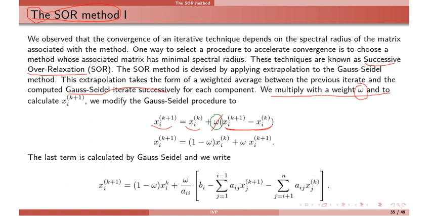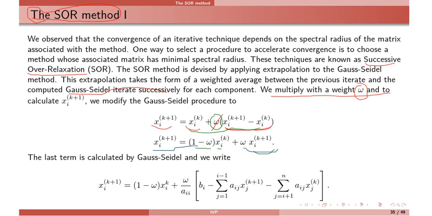Now combine these two terms in x_i^(k), so (1 minus omega) x_i^(k) plus omega times x_i^(k+1). Now I have x_i^(k+1) equal to (1 minus omega) x_i^(k) plus omega times x_i^(k+1). So this is an implicit relation in x_i^(k+1).